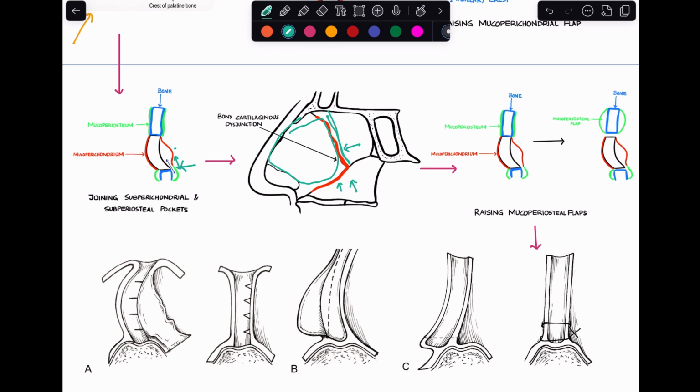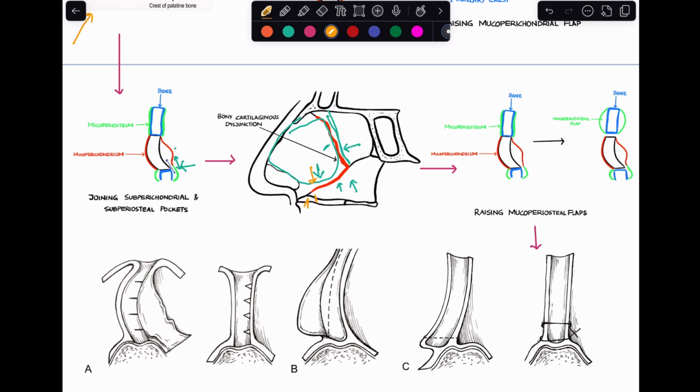And this will be done by applying very firm pressure on the posterior part of the septal cartilage over here with the help of a Freer's elevator. And then we will dislocate the inferior border of the septal cartilage over here from the groove in the crest of the maxilla as well as the vomer.